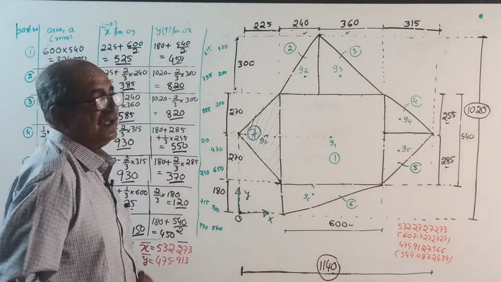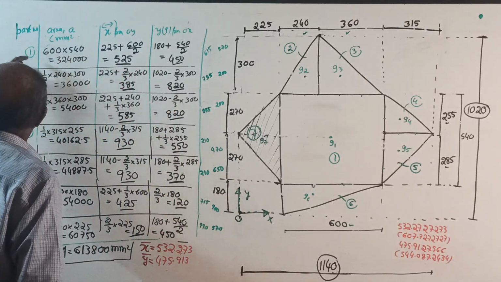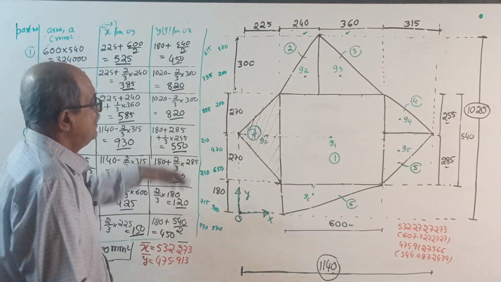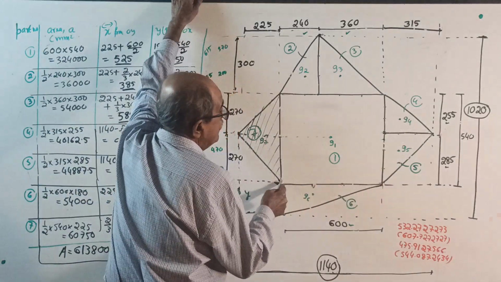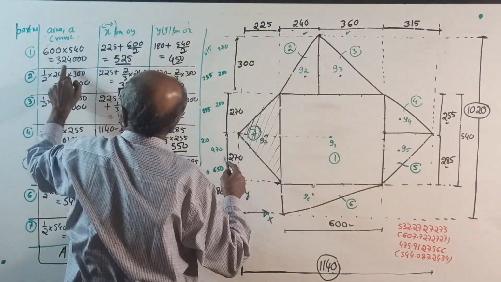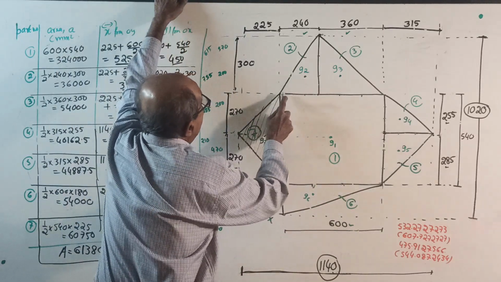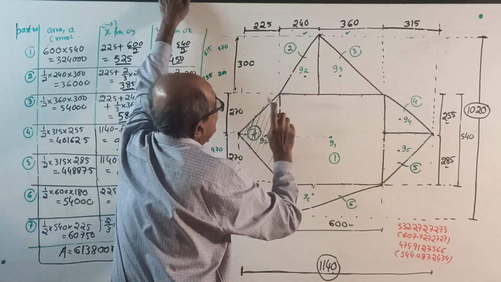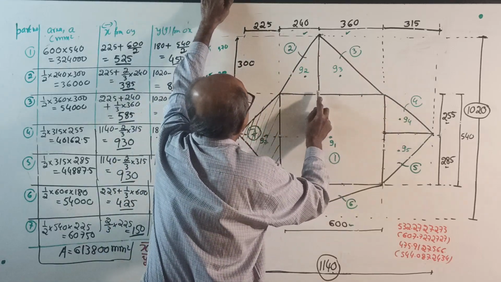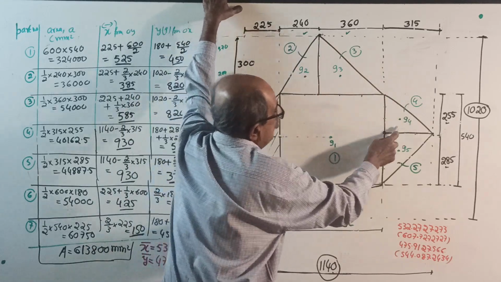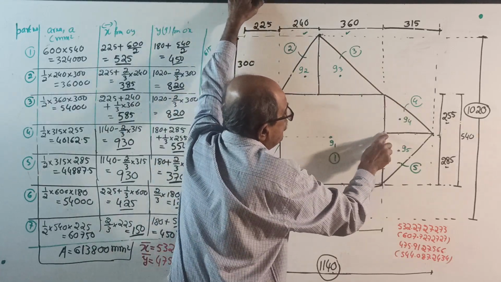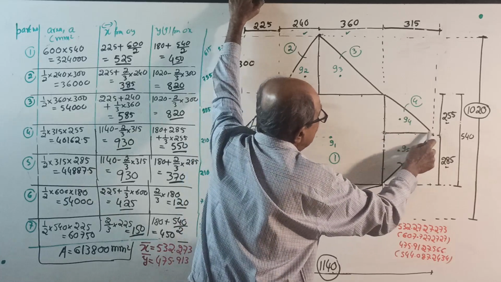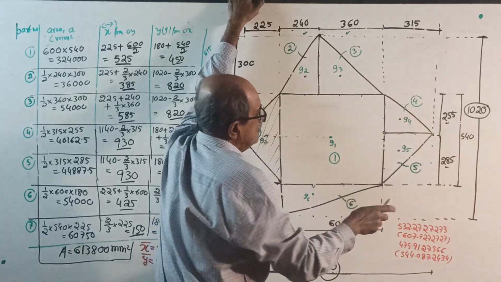Now, part number 1, 2, 3, 4, 5, 6, 7. Area 1, 600 by 540, I wrote there, okay. 2, half into 240 into 300. 3, half into 360 into 300. 4, half into 255 into 315, or half into 315 into 255, whatever we want.